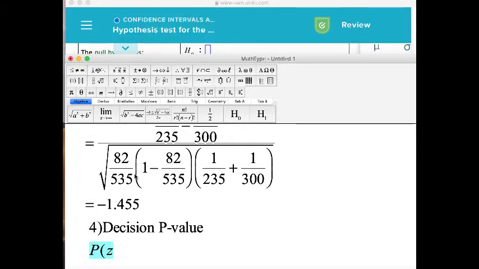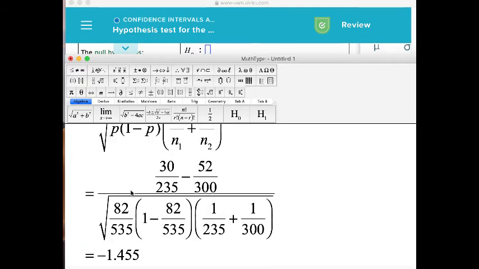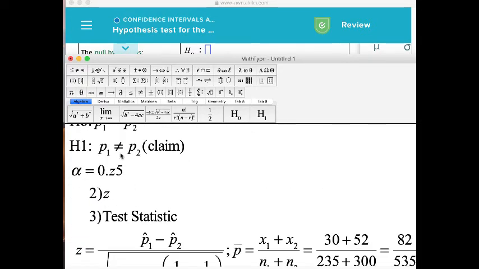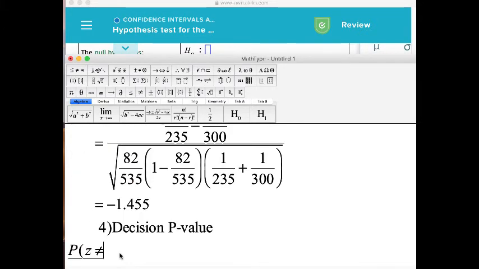And then we take the symbol from the alternative hypothesis. So if we scroll up to the alternative hypothesis, we had that H1 was not equal to. So we want to use that same symbol, not equal to, the test statistic, and that's going to be the negative 1.455.